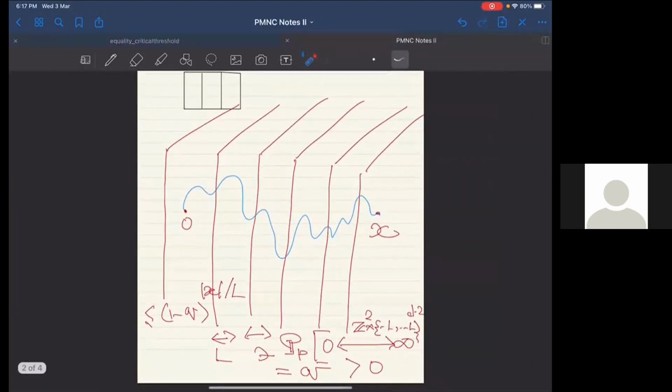Independence is crucial to say that when you explore this part, the fact that you're connected to infinity is not affected by the information at all. But that's not the case here. It has a strong dependence. This quantity itself is not the correct quantity to prove that.